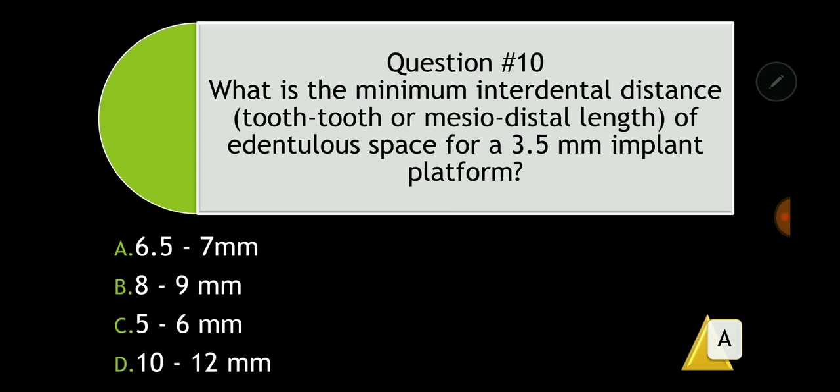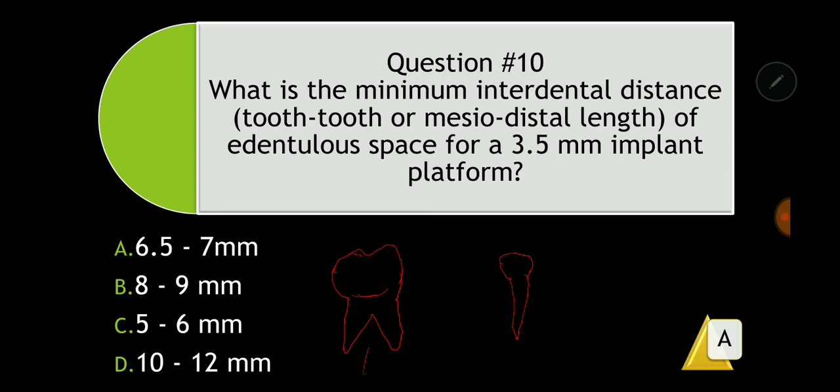And the reason for this is that if you have a tooth here, that's your canine, and you have another tooth, let's say that's a premolar.